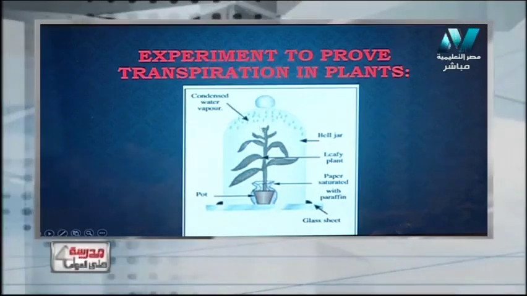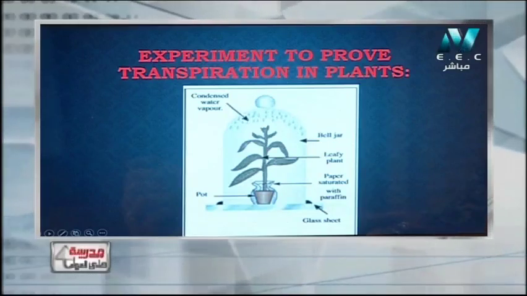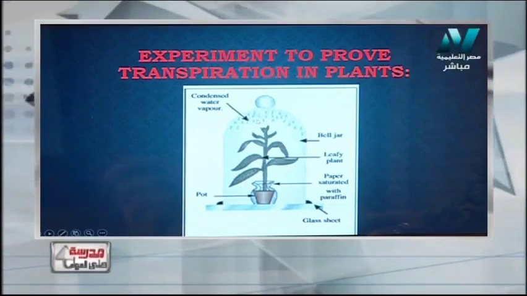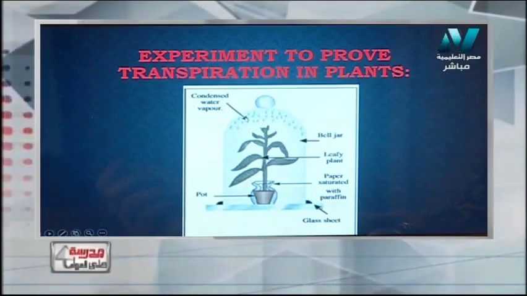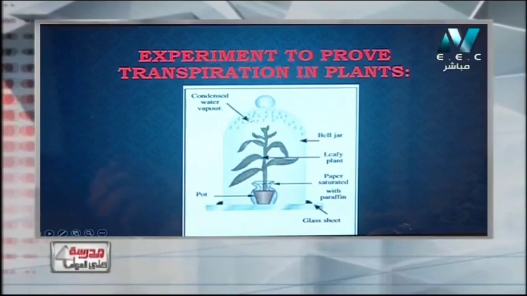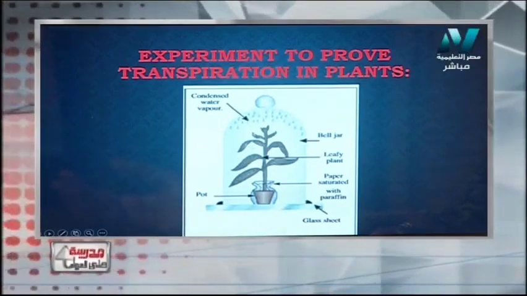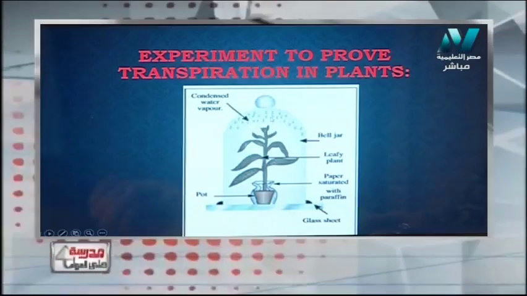And after some hours, we notice drops of liquid accumulated on the inner surface of the bell jar. And by examining this liquid with anhydrous copper sulfate, we find it is water. So the plant transpires water, and we can examine this water.